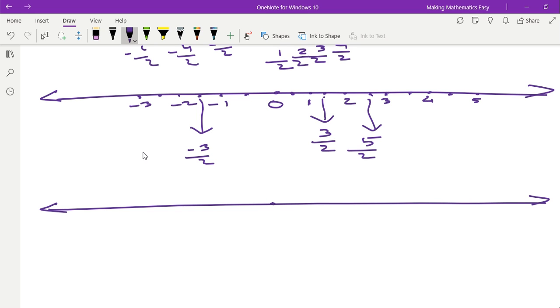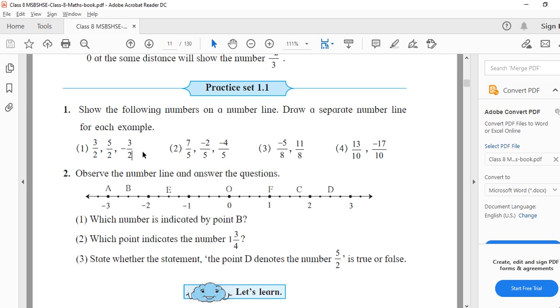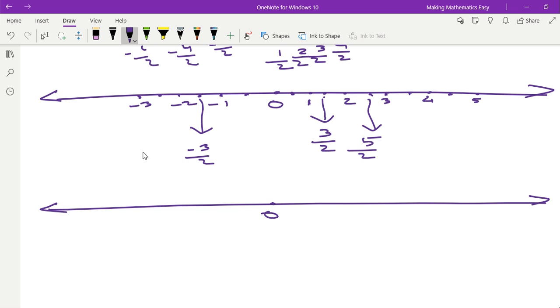Now let's mark the origin first, which is 0. Our next part is 5. We need to notice here that our denominator is 5, so that means from 0 up to 1 there should be 5 blank points.